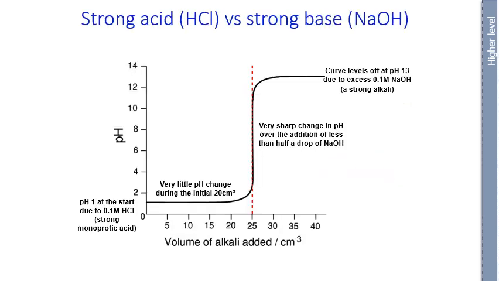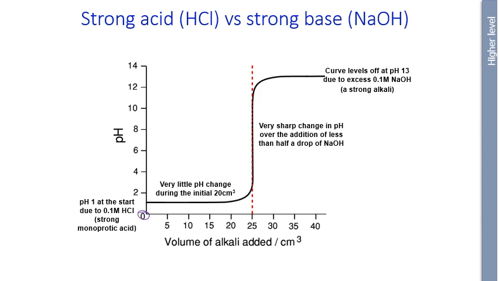Right, so the first one we're going to look at is a strong acid versus a strong base: hydrochloric acid being titrated against sodium hydroxide. We'll start right at the beginning where you have no alkali being added. At the start, because there is no alkali yet, it's completely all hydrochloric acid. The pH is around about 1 because you only have 0.1 moles per decimeter cubed of hydrochloric acid.